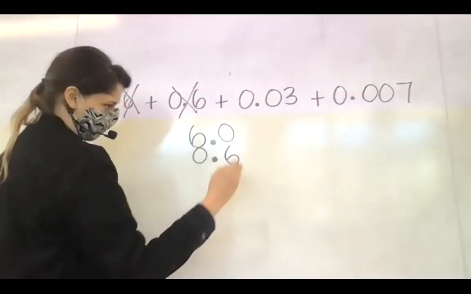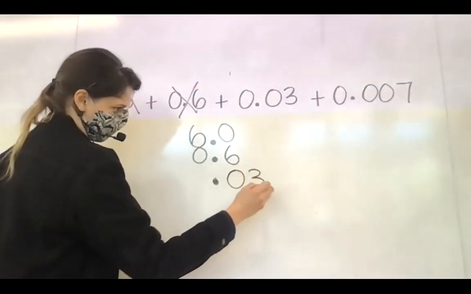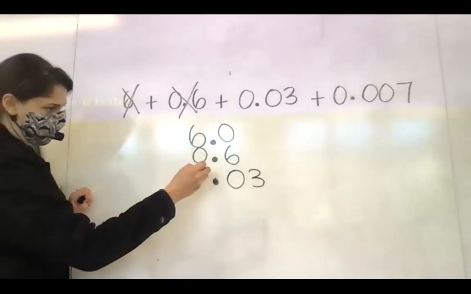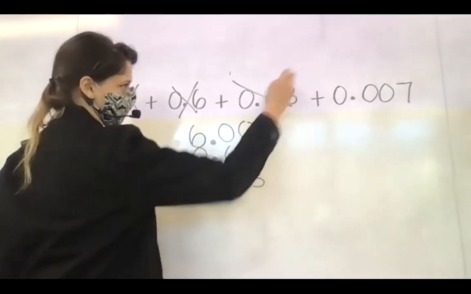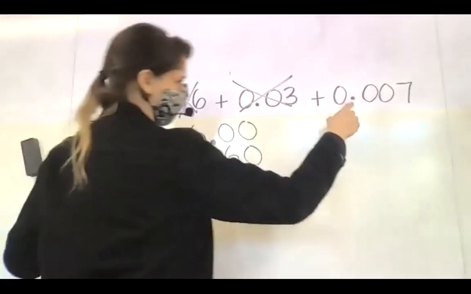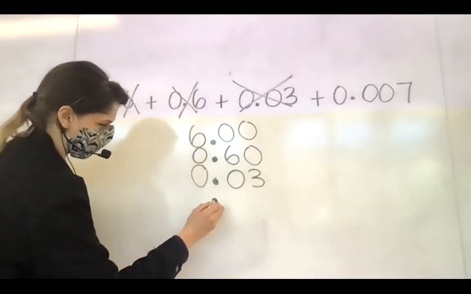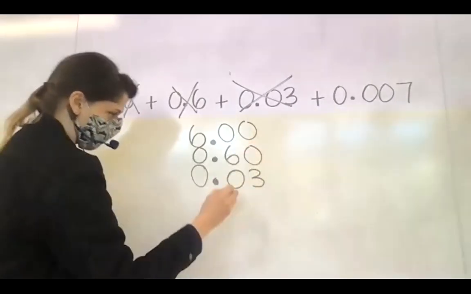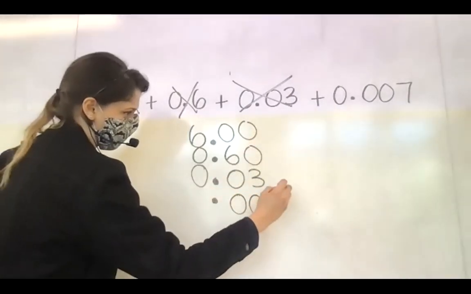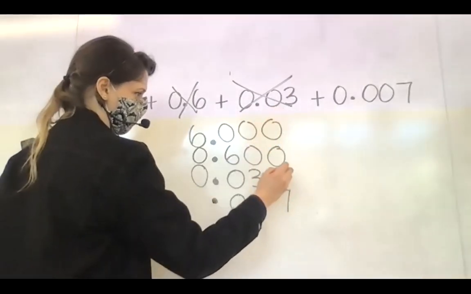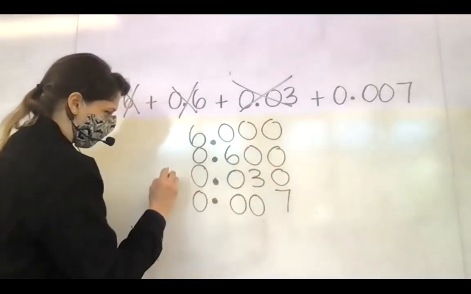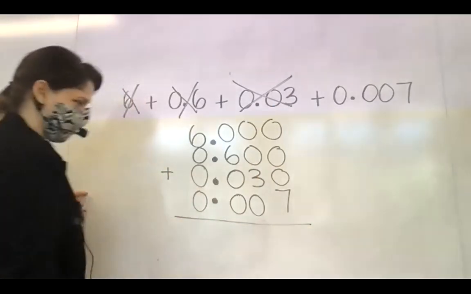Write all the numbers after it. And now annex zeros. 0, 0, 0. Did this number. Last number, write my decimal point again. There's 2 zeros, 0, and a 7. I'm going to annex all the rest of the zeros. 0, 0, 0, 0. Now let's add them all together.